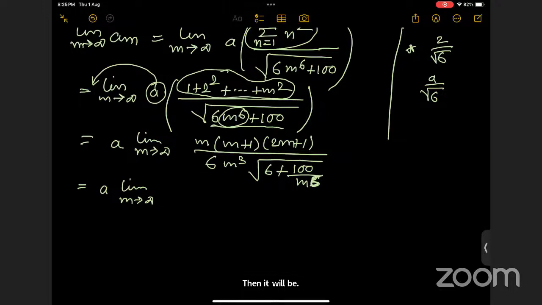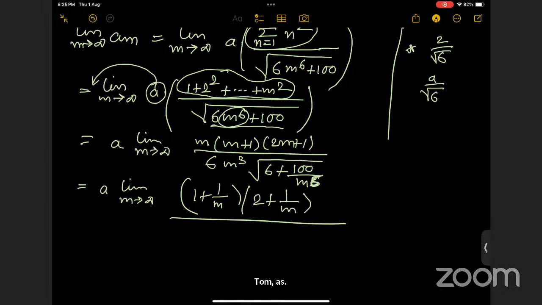Yes, ma'am. So now we can rewrite this term as 2 plus 1 by m by 6 into square root of 6 plus 100 by m power 6, right?